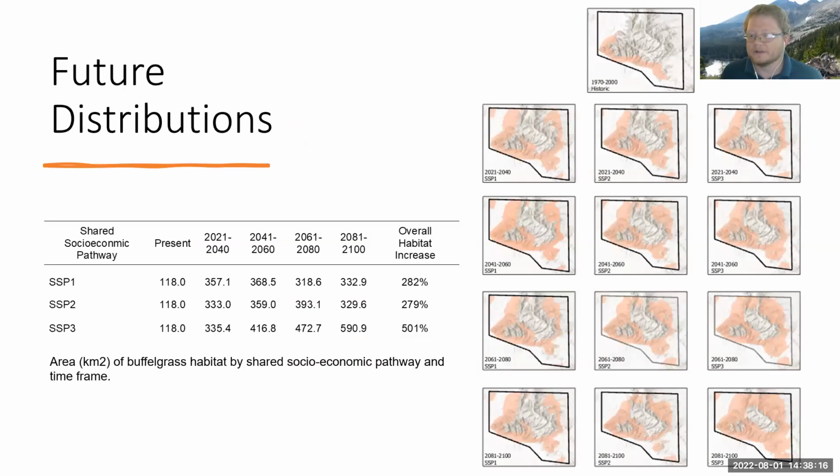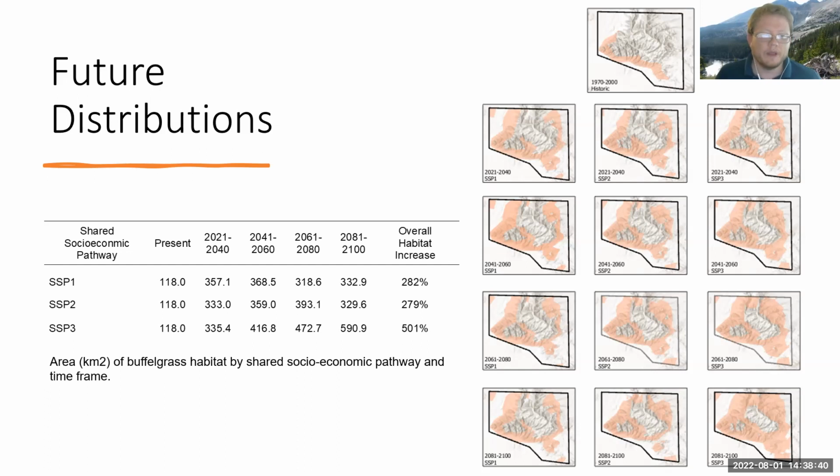And you can see here the results of that. SSP1 is the lightest climate change scenario, SSP2 is the moderate one, and SSP3 is the most severe climate change scenario that we used for this. You can see typically on these maps, the bufflegrass is moving towards the northern end of the mountain range and then up in elevation.